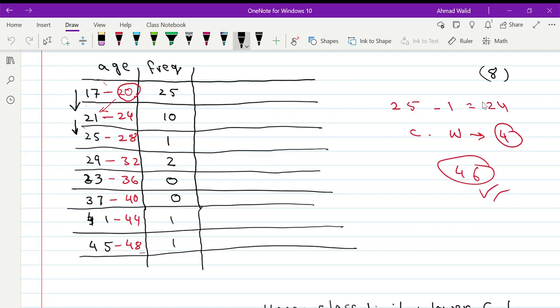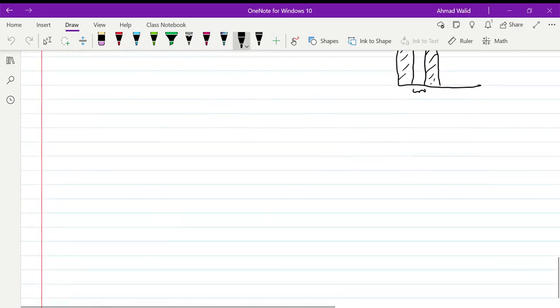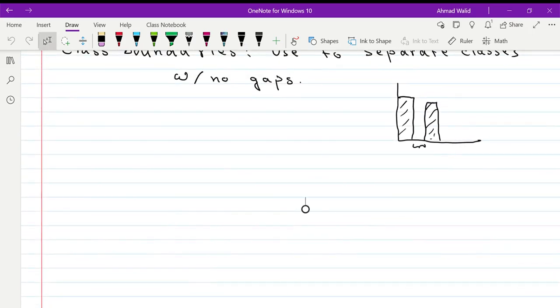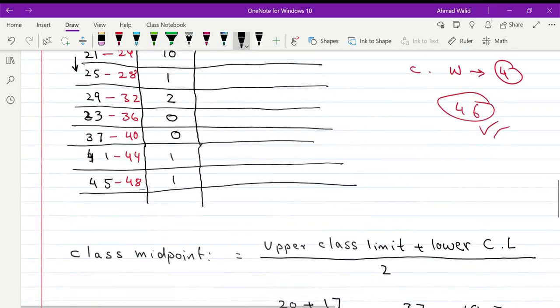To find that number, you find the average again. You add 17 plus 21 and you divide by 2, which gives you 38 divided by 2, which gives you 19. And usually it's really easy.